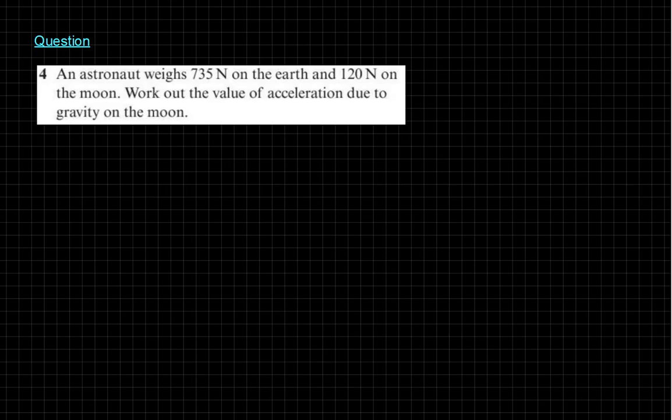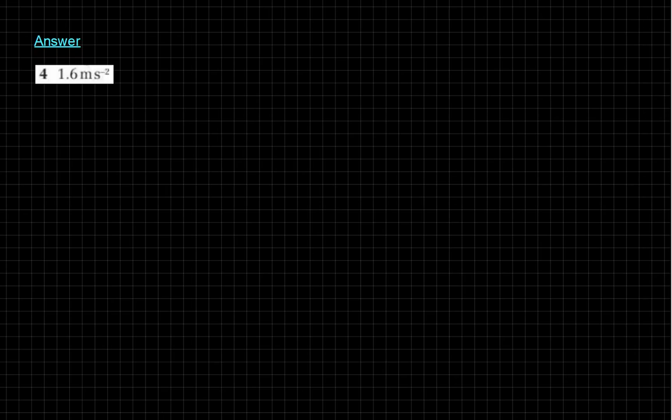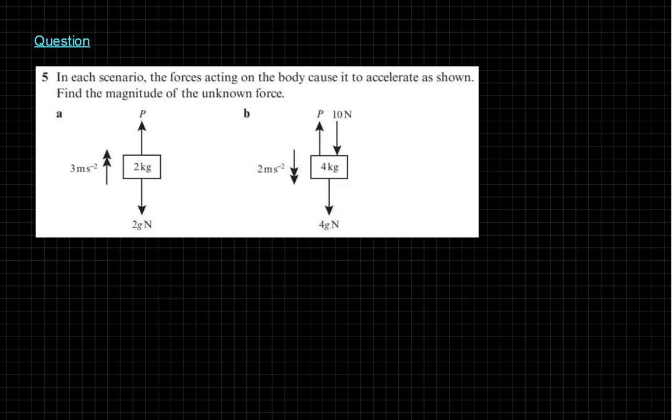The weight changes, the mass is the same though. So if you wanted to find the mass of the astronaut, you'd just have to do 735 divided by 9.8 and you'd get their mass, which is what more commonly we'd refer to as weight. But technically speaking, that's not really their weight, that's their mass. Right, let's look at the next question.